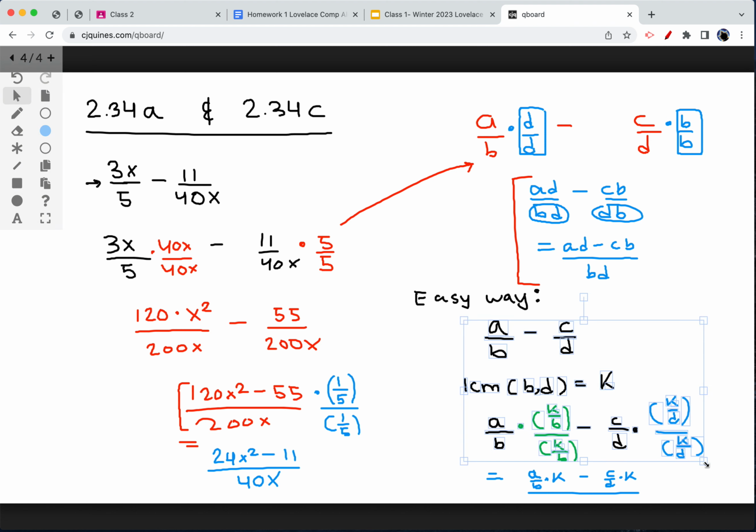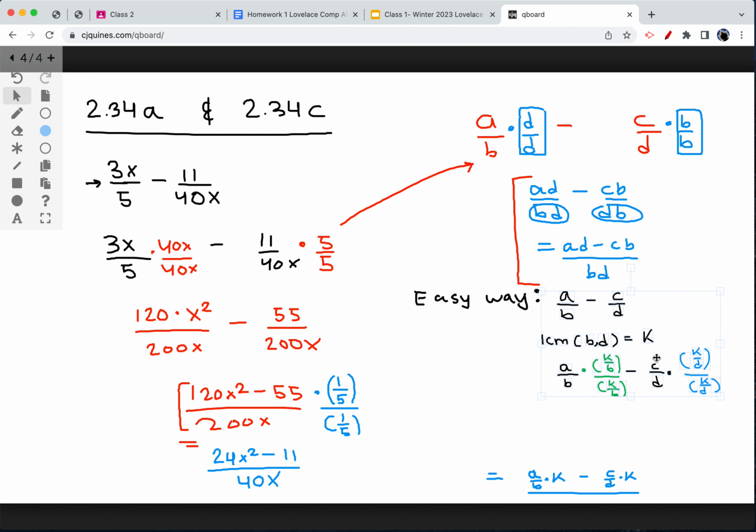Let me make this smaller. So this is just equal to this.